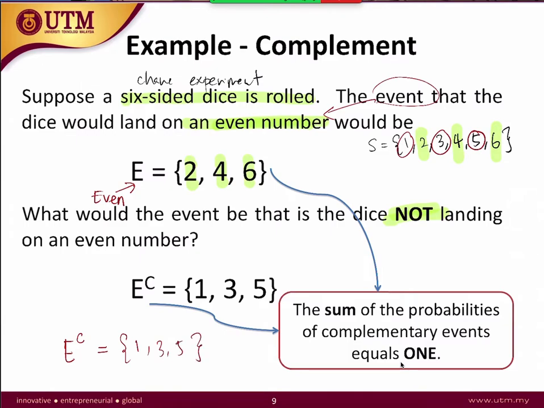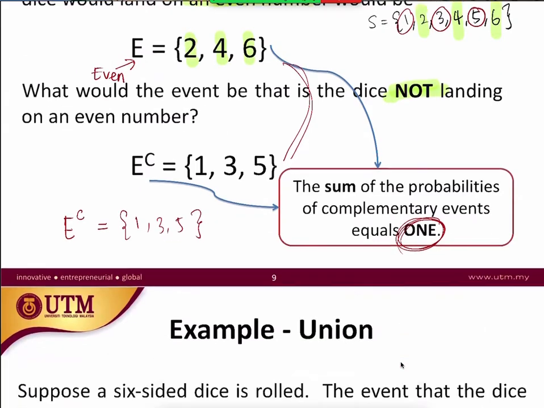It might happen, but it's not the event we are interested in. And you need to remember that when you sum the probabilities of both events, you will get 1. We'll see this again later. All right, so this is complement.